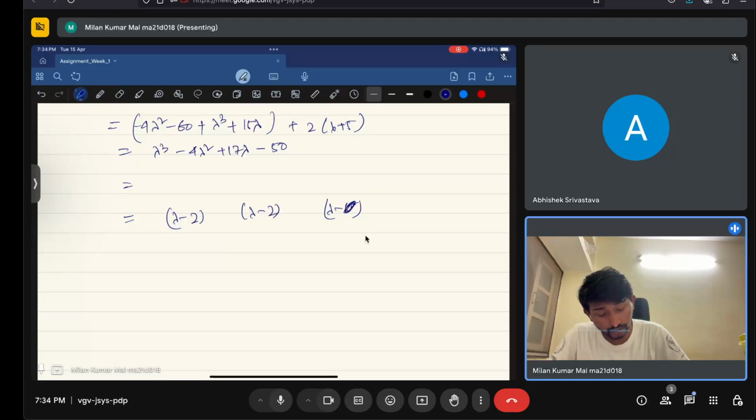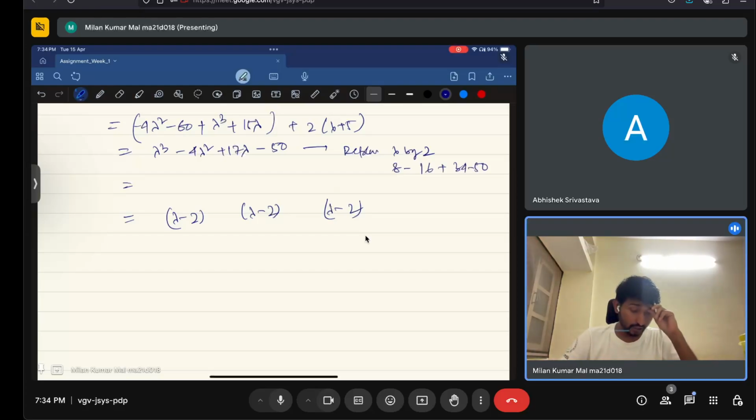So if you replace lambda by 2 here, what you will get? 8 minus 16 plus 34 minus 50.